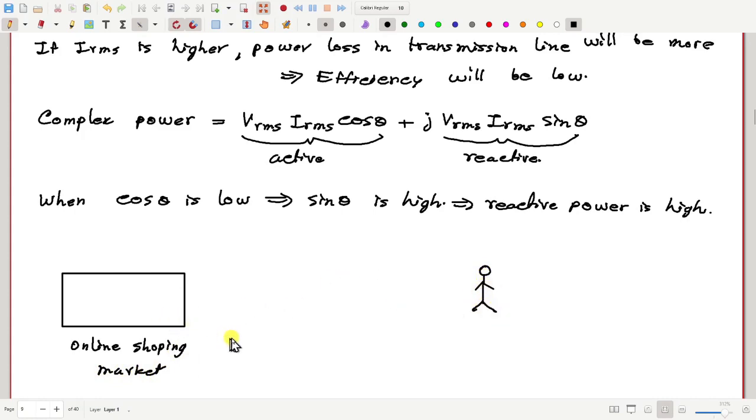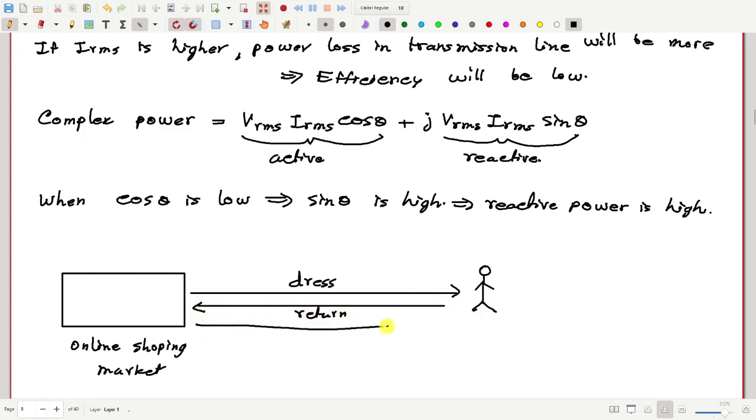I can order some dress, and the dress will come, and I may just use it and keep it, or I may return it if I do not like it, and then reorder a new dress. In this way, I can reorder the dress maybe 10 times and then finally keep the last one. And then I can say, okay, I have kept only one dress, so I should pay for only one dress. Why should I pay for more than one dress?